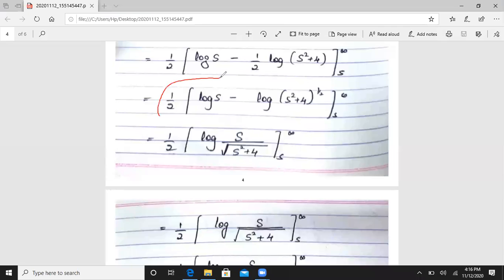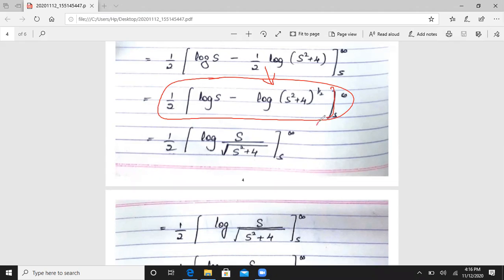Here, 1 by 2 is the constant term, it goes outside, and log of s as it is. And this function, 1 by 2 into log of s square plus 4, is equal to log of s square plus 4 to the power 1 by 2, and the limits are s to infinity as it is.